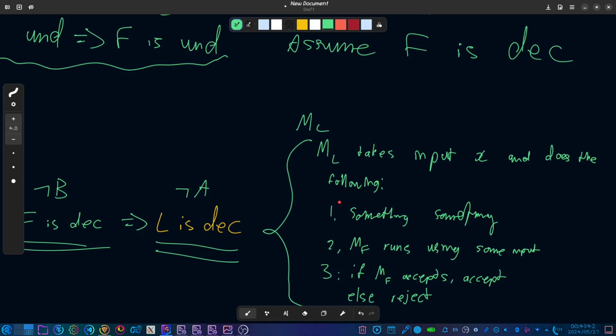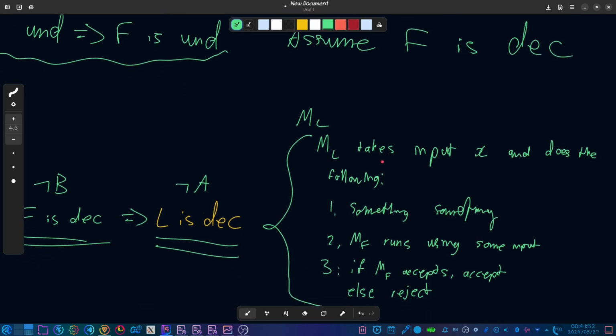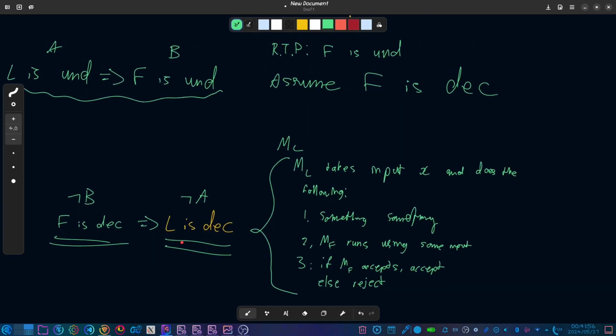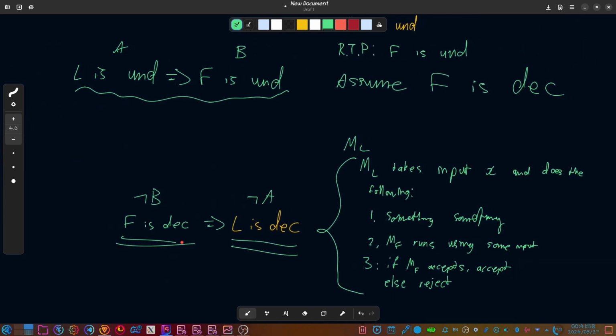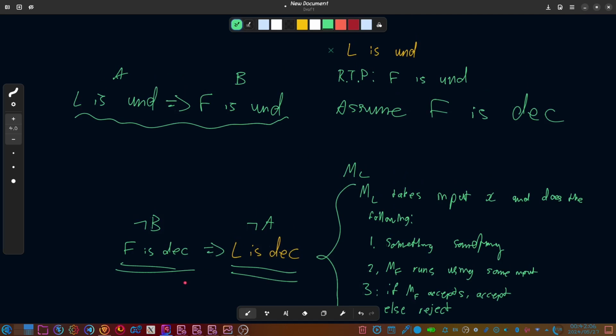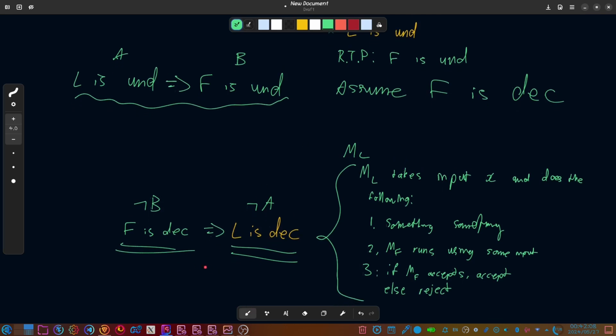Intuitively, there's another way you can think about it, which is contradiction. That's sort of what you've been doing with Dimitri, basically. But it's literally the same idea, right? You're saying, let's assume F is decidable. F is decidable means L is decidable. But we already know that L is undecidable, so we cannot have both.